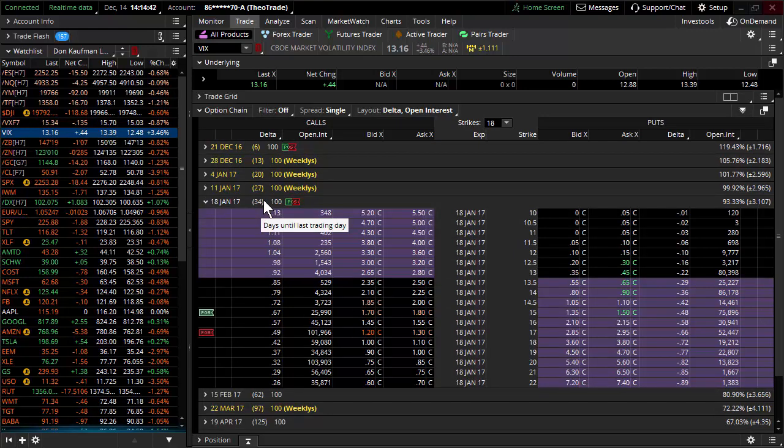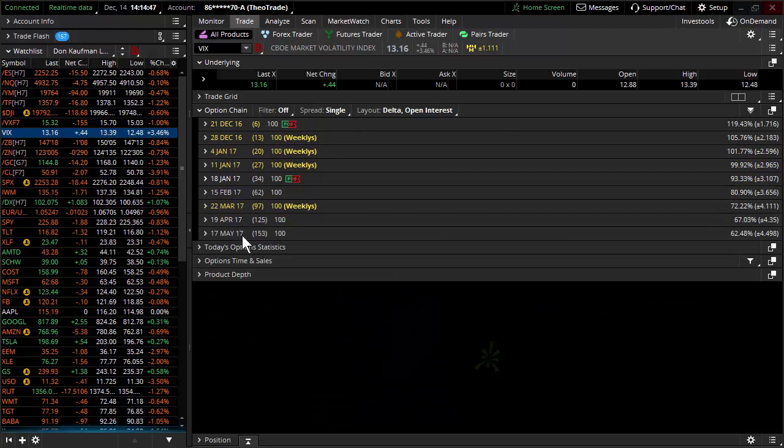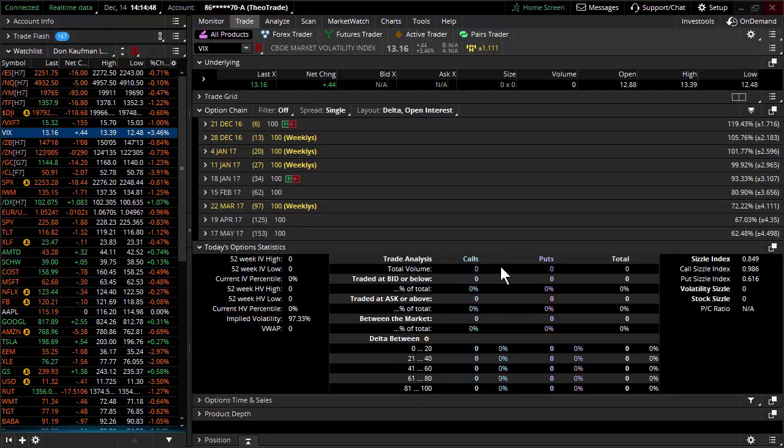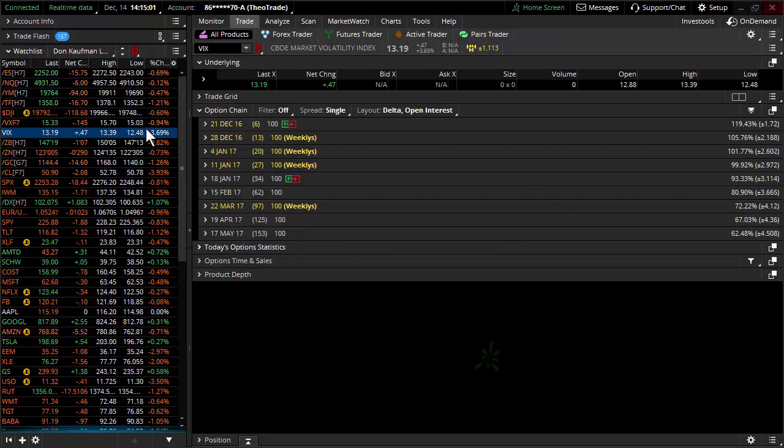Why? Because it's a measure of 30-day volatility. So if you open up option statistics and get a read on this, we only did about 500,000 VIX contracts today. It's nothing extreme. Nevertheless, volatility is most distinctly being bid up inside of the VIX.